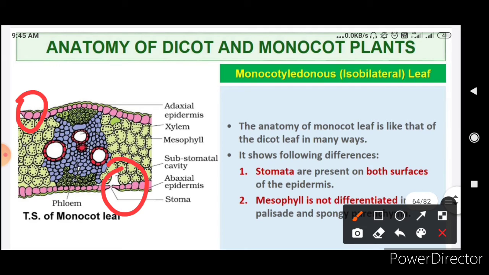In the mesophyll, there was a division in the dicot into palisade parenchyma and spongy parenchyma, but here the mesophyll is not differentiated into palisade and spongy parenchyma.